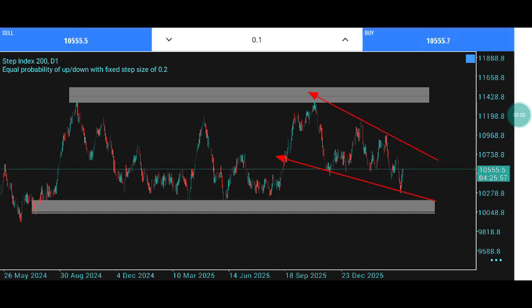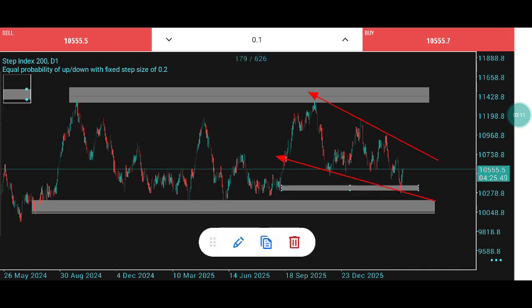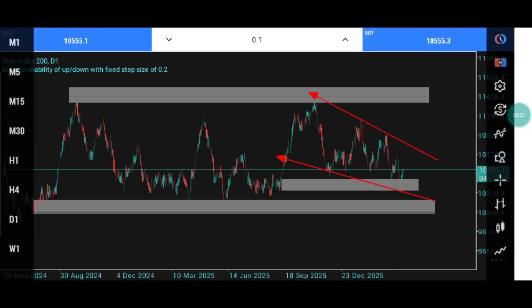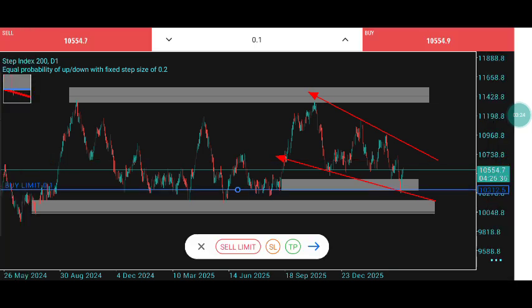The way we usually trade the strategy I taught you guys is that we have a bullish channel here that looks like a bullish flag. Price will come and test this zone here, which of course it has tested, and we expect the price to break from here.